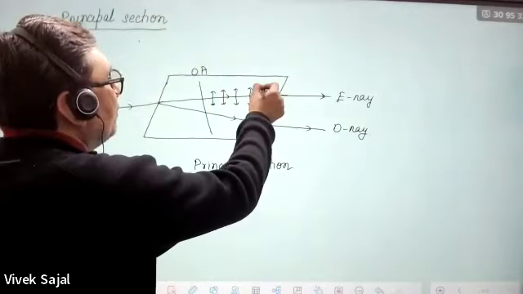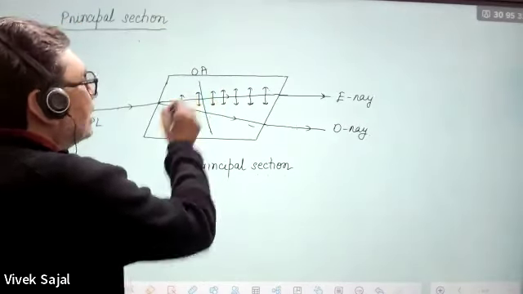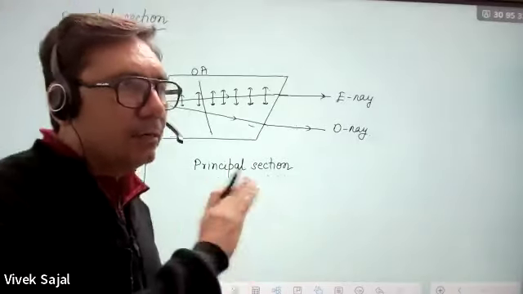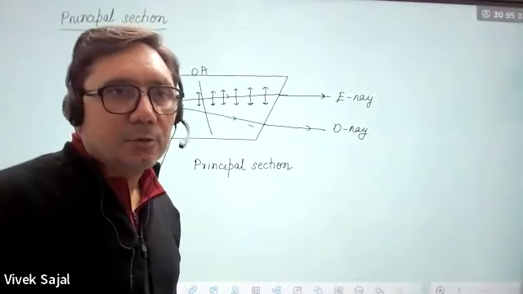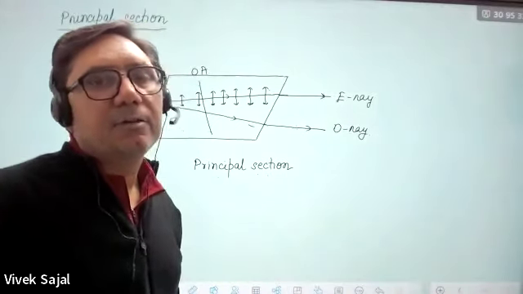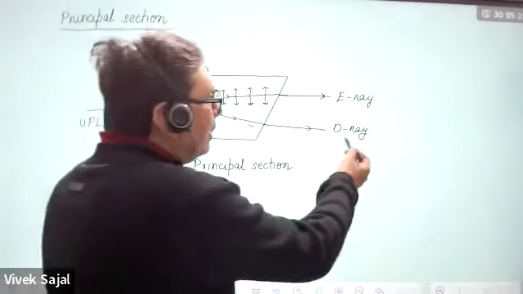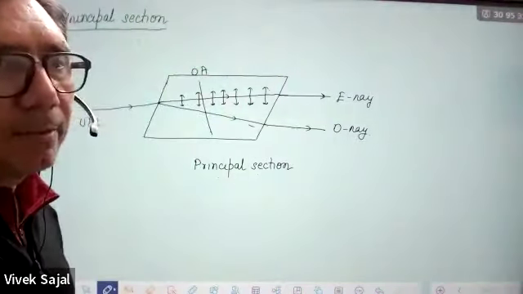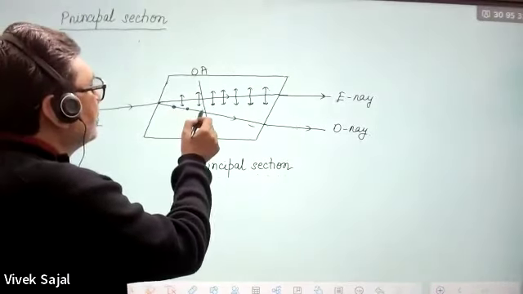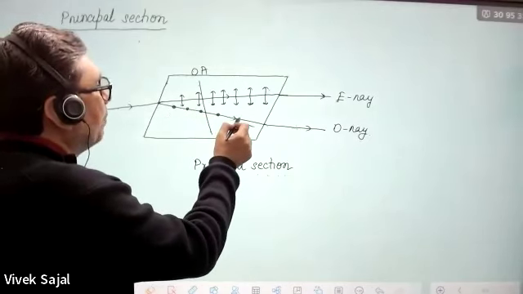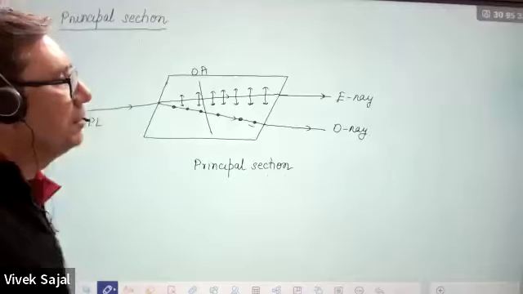So the E ray is that refracted ray whose electric vectors lie in the principal section, while the ordinary ray is that refracted light whose electric vectors are perpendicular to the principal section.